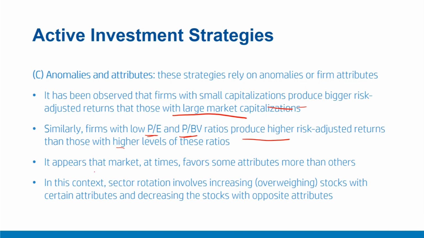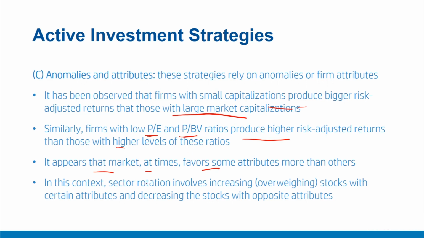It appears that markets at certain times favor certain attributes more than others, and the quantum of this difference at certain times is higher and at certain times it's lower.